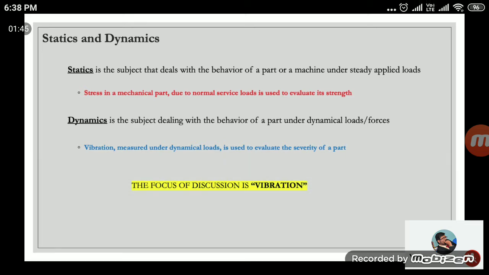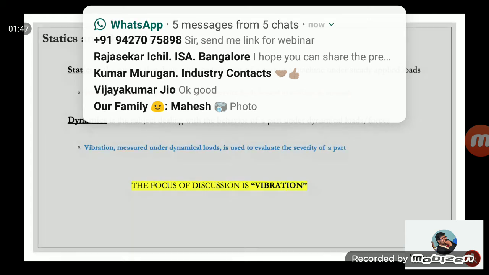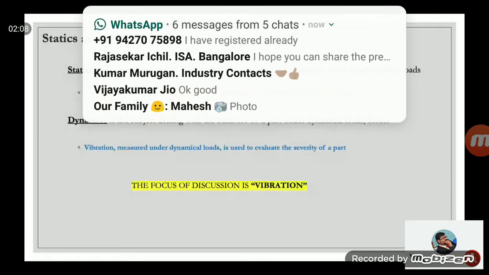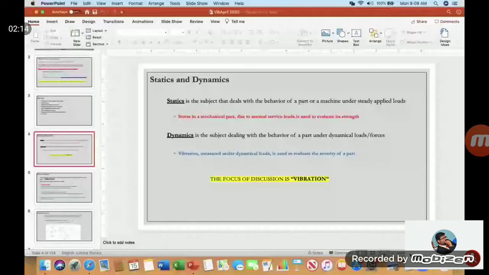Maybe if I get out of this mode, then I may be able to see. Can I move out of this mode and present? Yes, you can proceed, sir. So that I can see some, hopefully. Sir, we can have question and answer at the end. The end, okay. Then in that case, it's fine. I have no problem. Okay, thank you, sir.